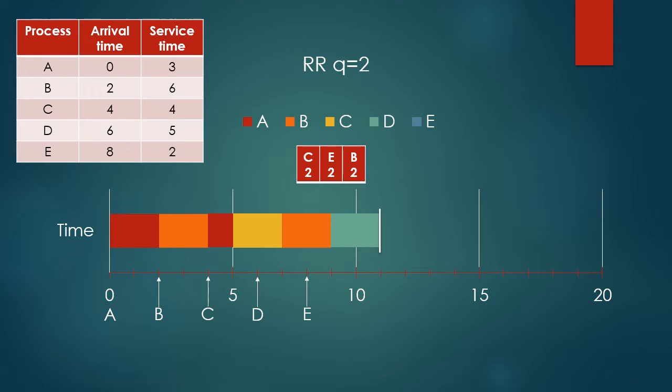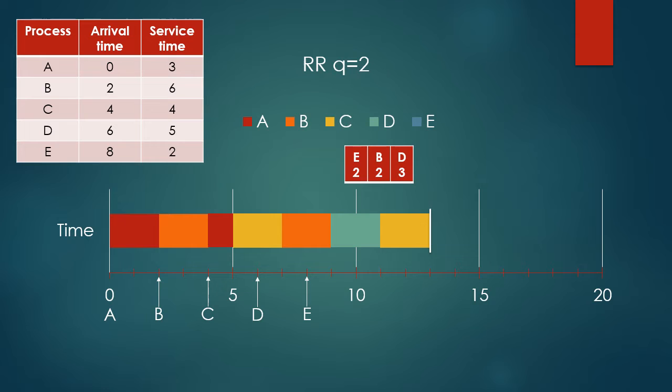B still has 2 execution units remaining. D is taken from the head of the queue and given the processor for 2 seconds. D is switched off the processor after the quantum expires and placed at the end of the queue. D still has 3 execution units remaining.